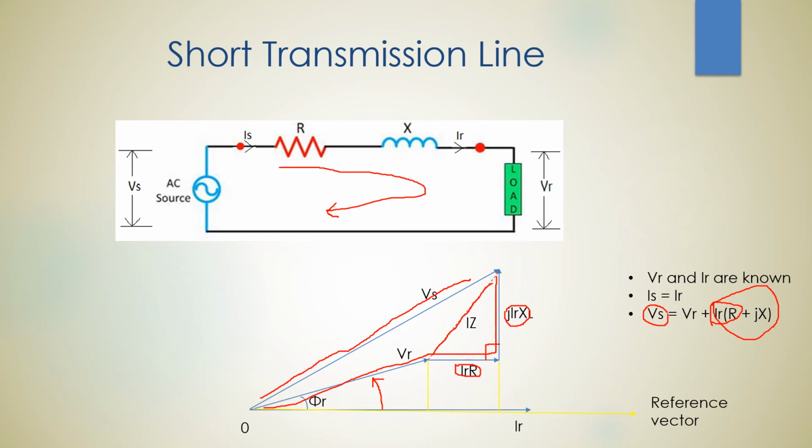We are starting from the receiving end voltage and current, and gradually we add the vectors one by one with the help of logic and formula, and we find the position of the Vs vector.